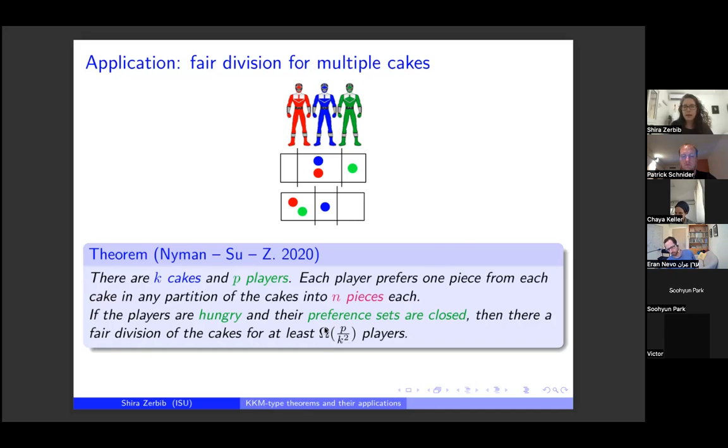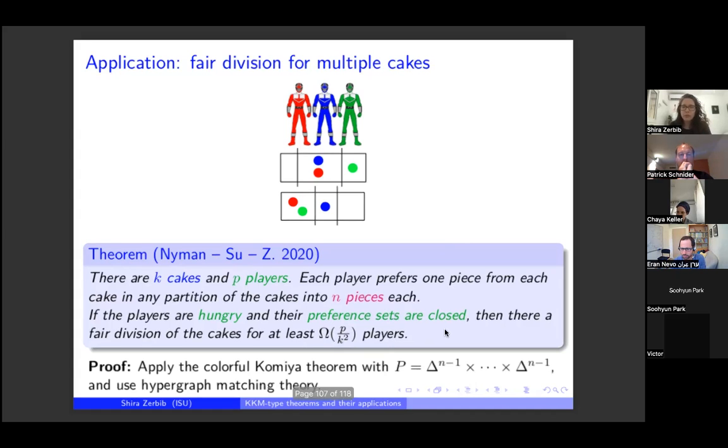I've written it with this omega notation because it depends on how many players I pick here. If they have some divisibility condition, then I will see here exactly k squared. Otherwise, I will see here a factor of 2, but it doesn't matter.